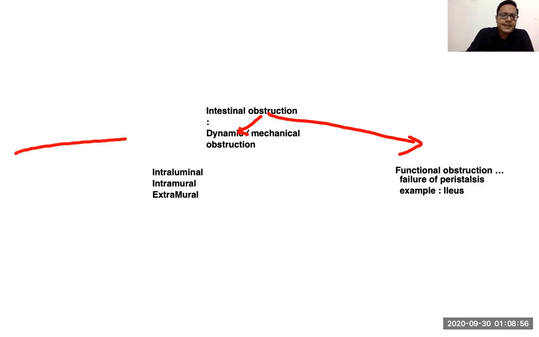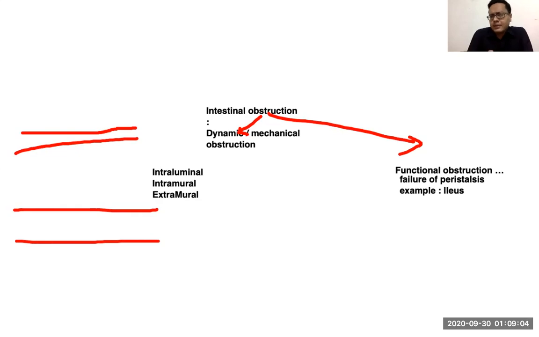That means this is a part of the intestine. Intestine has a wall. So if the cause of the mechanical obstruction is inside the lumen, like for example in Gallstone Ileus, that would be called intraluminal because it is inside the lumen.